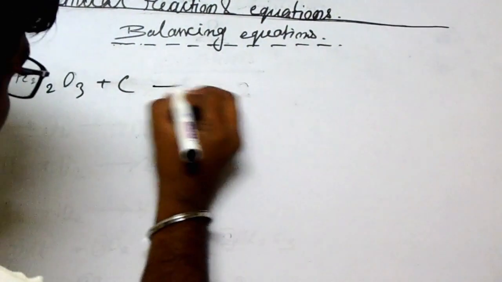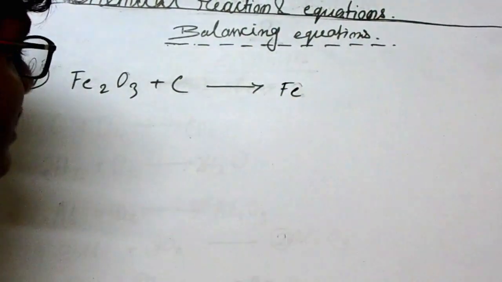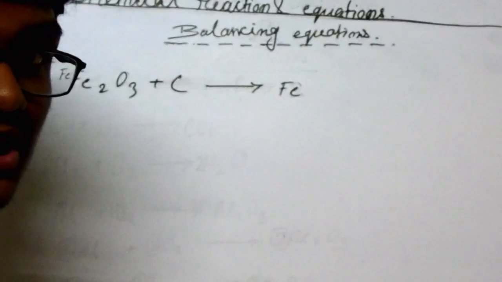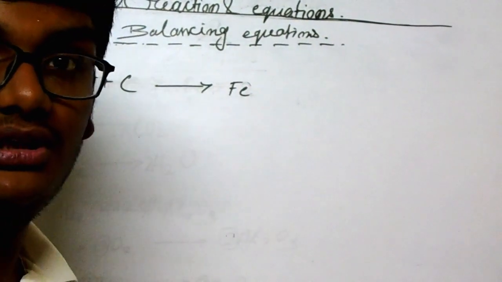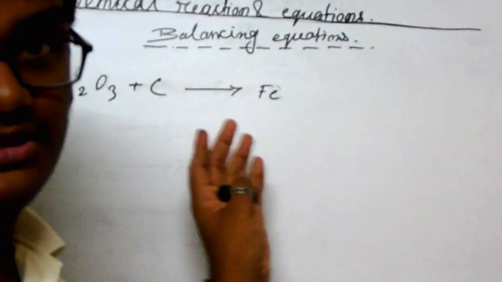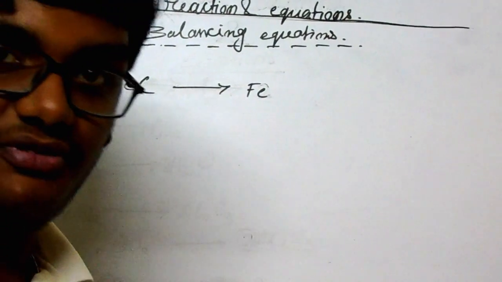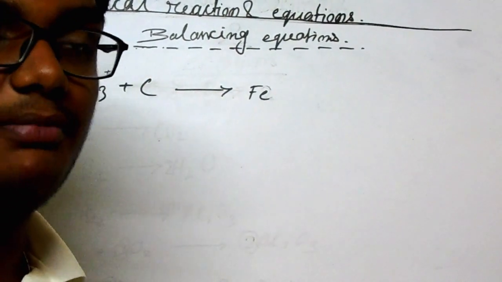Fe2O3 plus C equals to Fe. It is simply a displacement reaction, as I have told in the lecture video of this chapter. What happens in the displacement reaction? If this is not clear to you, what is displacement, what is double displacement, please visit my channel and see the previous video.